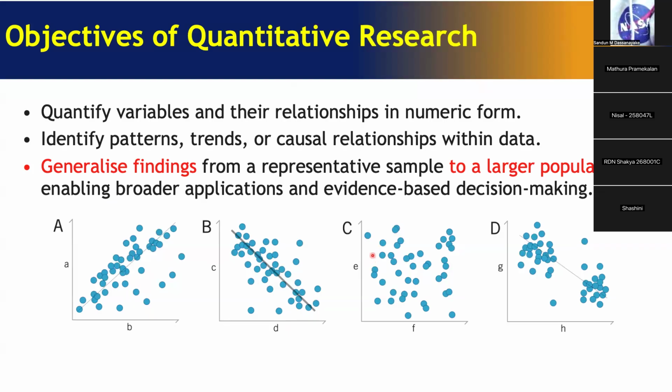Now, if you think about chart C, C doesn't have any proper relationship. It is spread out. It doesn't have any particular correlation. So even though we did quantitative research, we cannot, in this case, generalize the finding based on a linear relationship. So we have to find a different way.